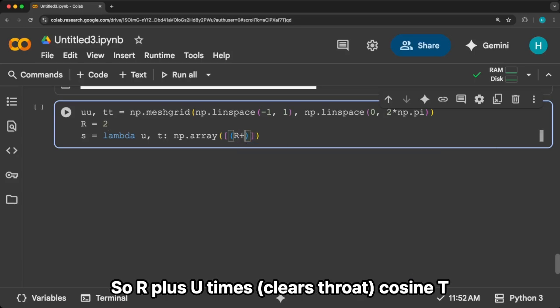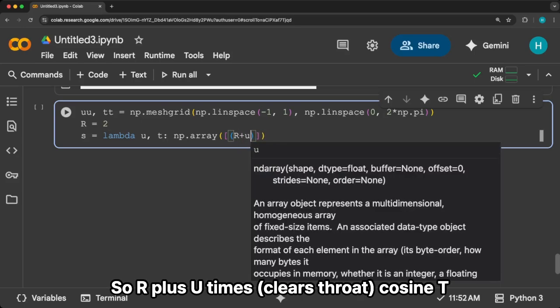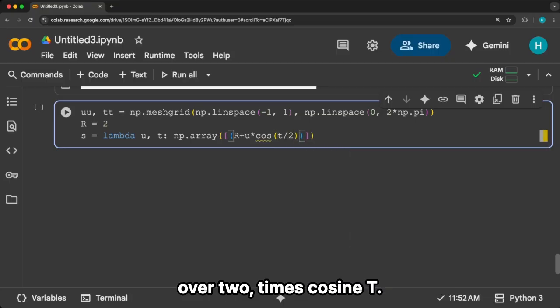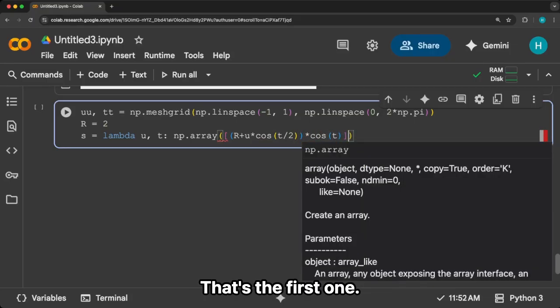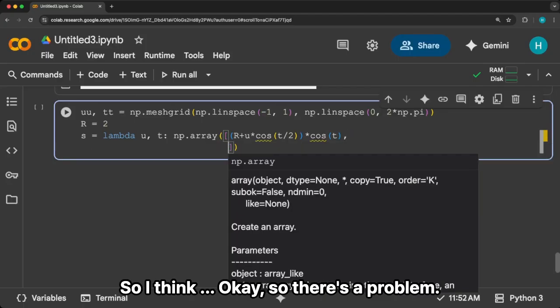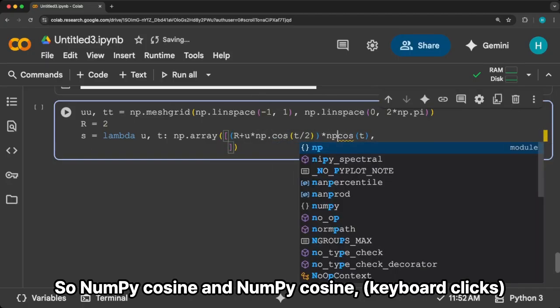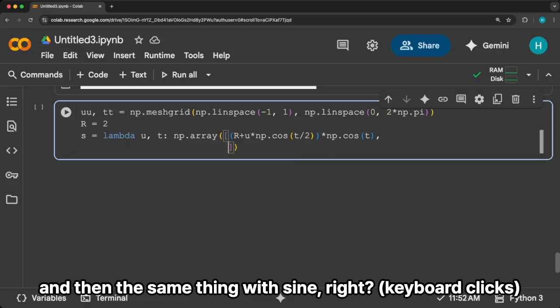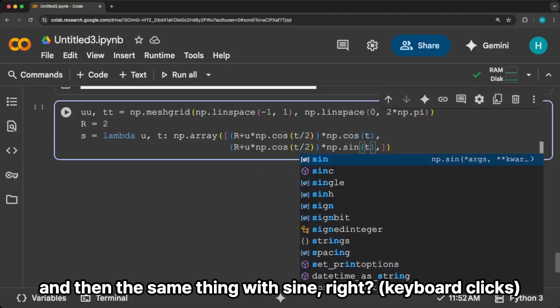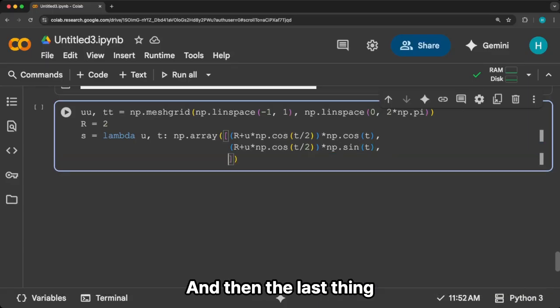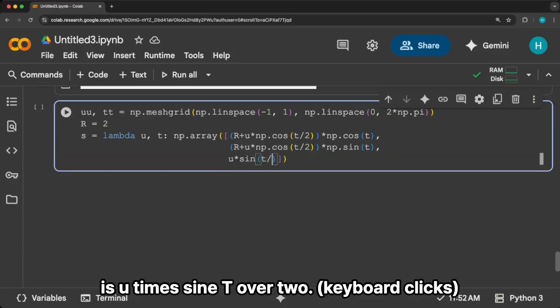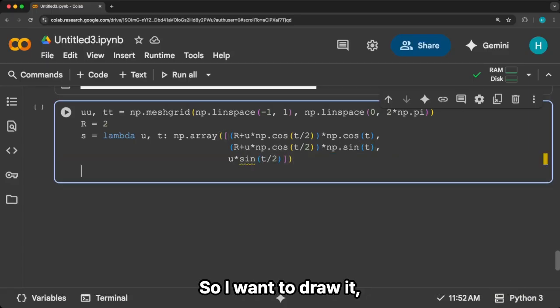So R plus u times cosine t over 2 times cosine t. That's the first one. So numpy cosine and numpy cosine, and then the same thing with sine, right? And then the last thing is u times sine t over 2. So I want to draw it.